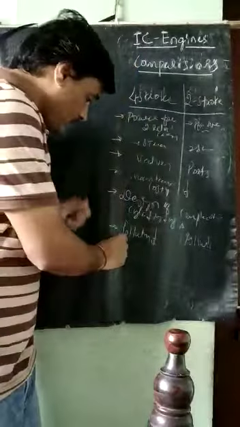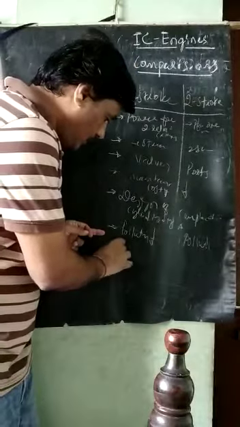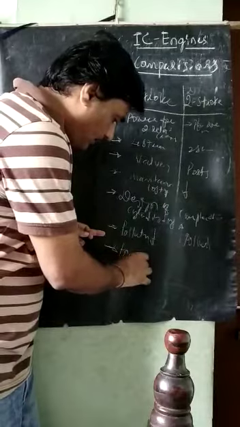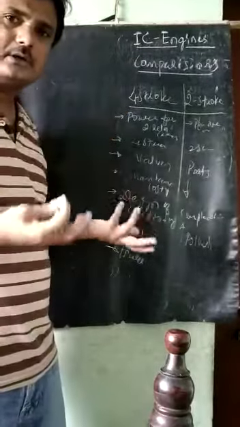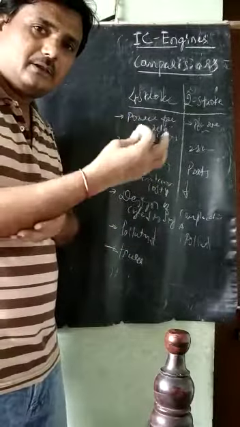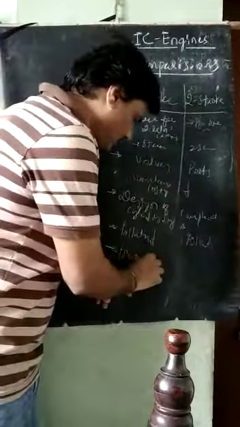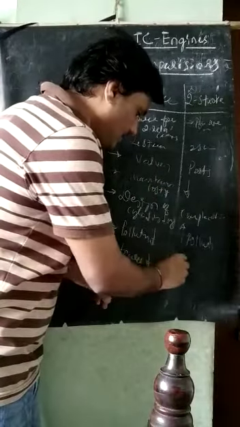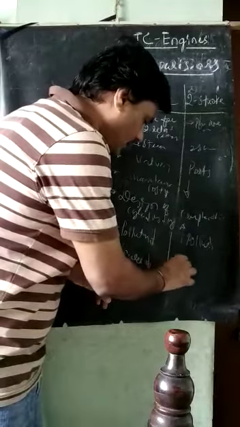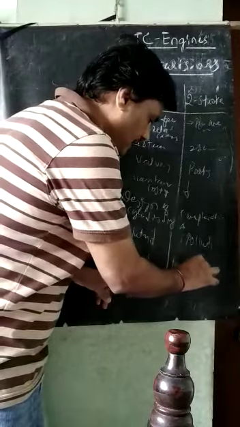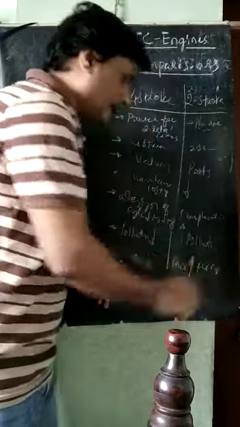So the next one, coming to power. We take power per cycle. Power per cycle is less in the 4 stroke and more in the 2 stroke. Why?